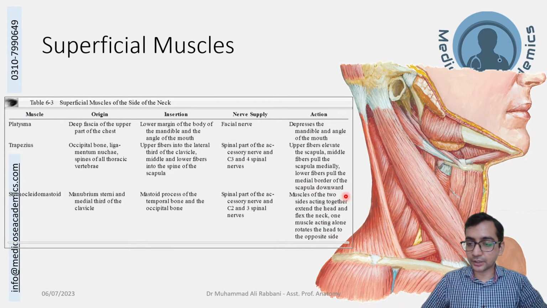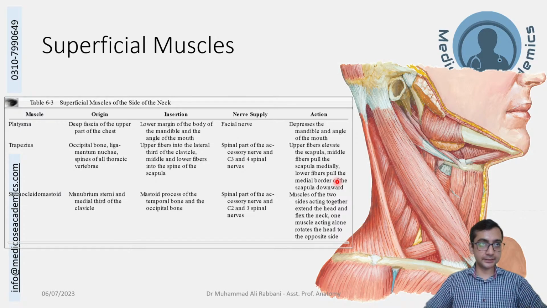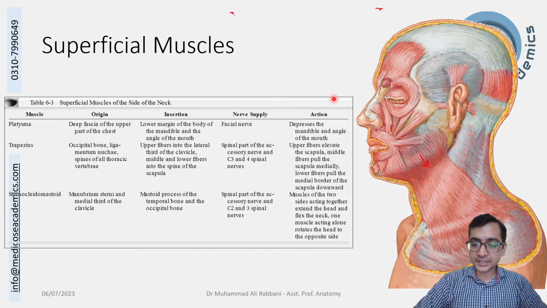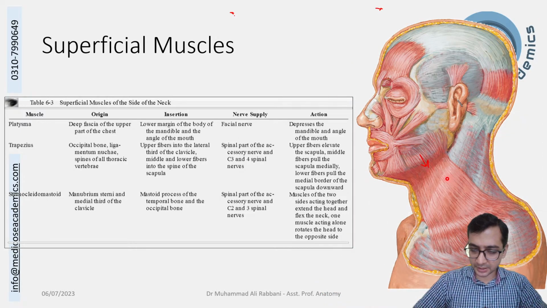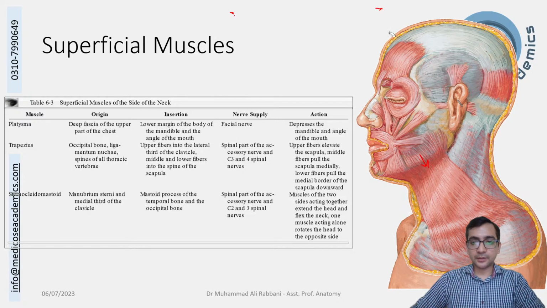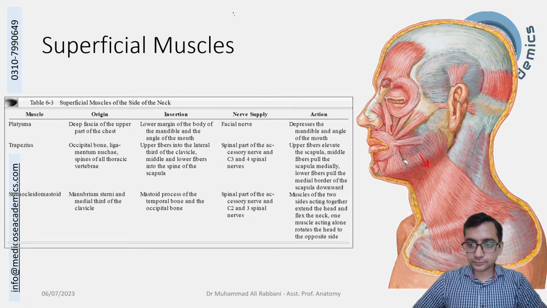So these are the functions of the superficial muscles, and now the innervation. The platysma we discussed was supplied by the facial nerve, so it is better studied with the muscles of facial expression.